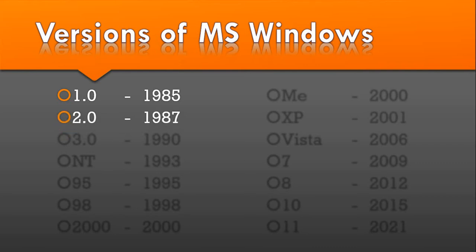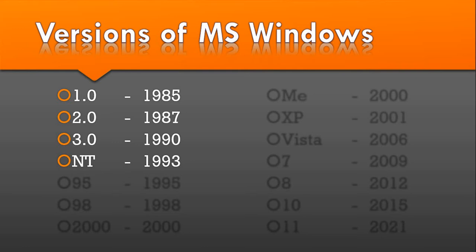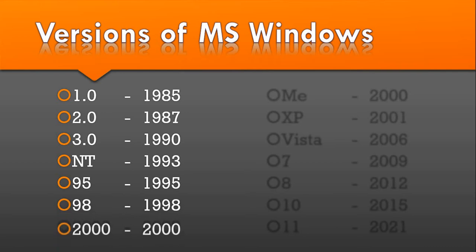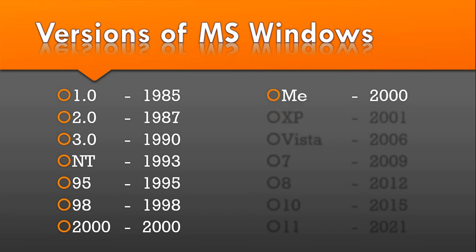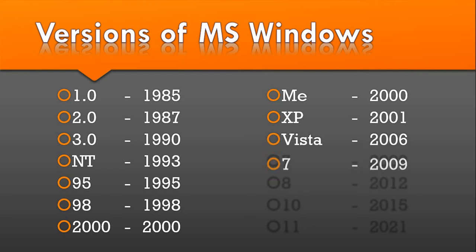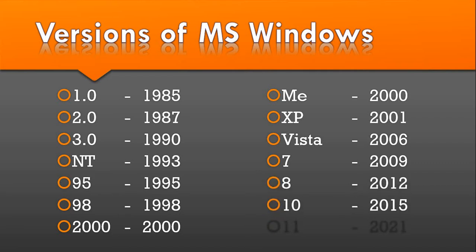Windows 2.0 launched in 1987, Windows 3.0 in 1990, Windows NT in 1993, Windows 95 in 1995, Windows 98 in 1998, Windows 2000 in the year 2000, Windows Me, it was also launched in the same year 2000, Windows XP, it was launched in 2001, Windows Vista in 2006, Windows 7 in 2009, Windows 8 in 2012, Windows 10 in 2015, and the latest version of Windows is Windows 11 that was released in 2021.